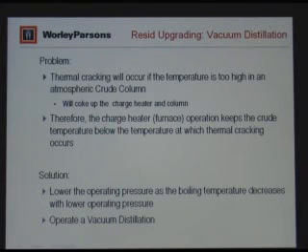You're lowering the pressure so you can boil the material at a lower temperature, below the temperature at which it's going to crack. So that's the whole purpose of a vacuum. There's a lot of complicated stuff there, but the main purpose is lowering the pressure so that you can avoid thermal cracking of the material.